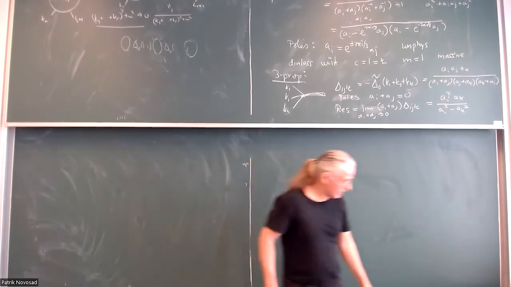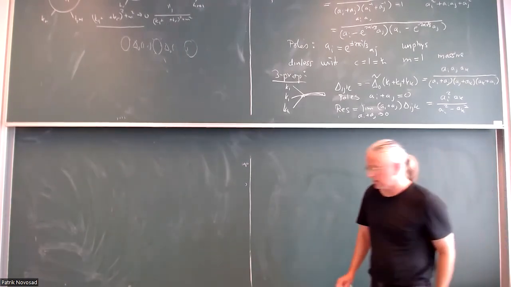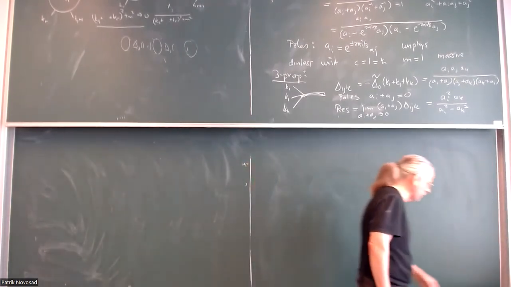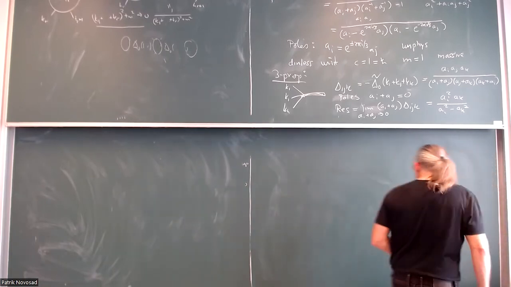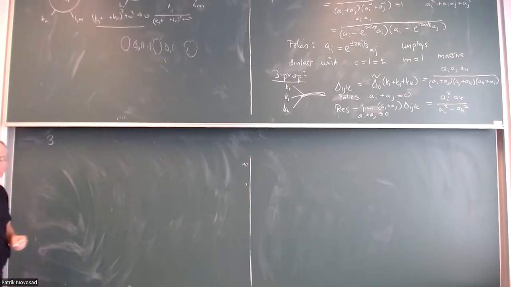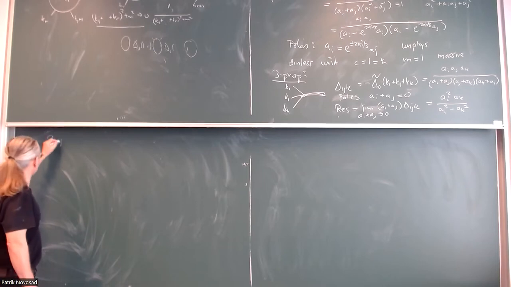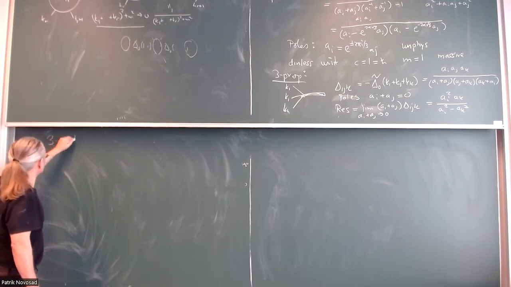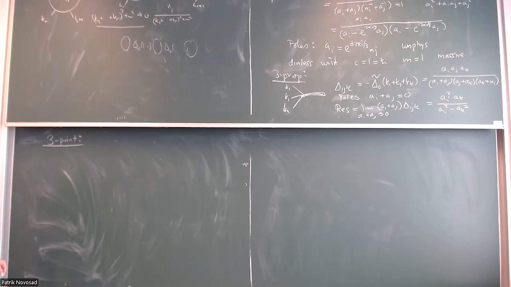Okay, so the plan was then to just go through, starting with the 3-point function, and write down the number of amputated connected tree diagrams of the 3-point function. So there's three external momenta. What diagram can you think of which connects three? There's only one, right?